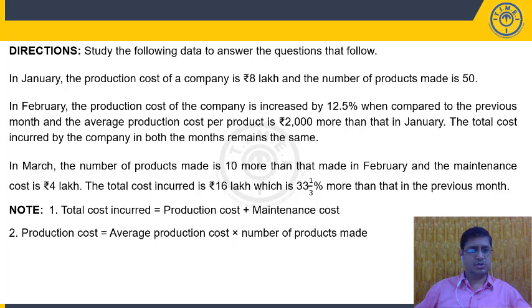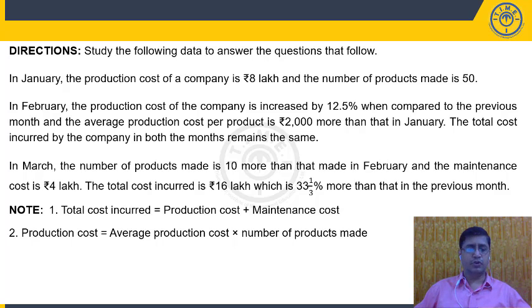The total cost incurred by the company in both the months remains the same. In March, the number of products made is 10 more than that of February, and the maintenance cost is 4 lakh and the total cost incurred is 16 lakh, which is 33.13% more than that of the previous month.